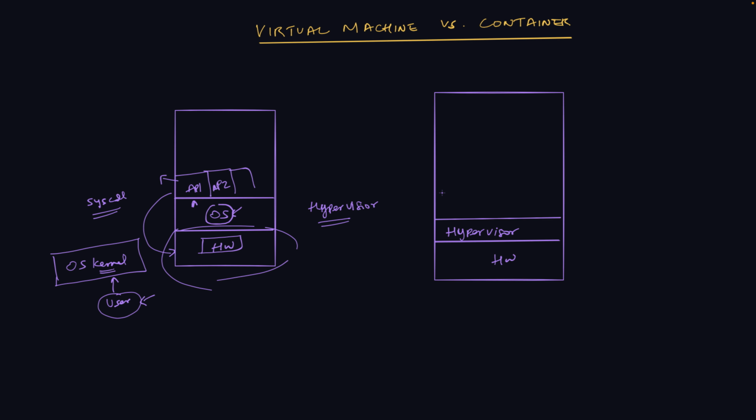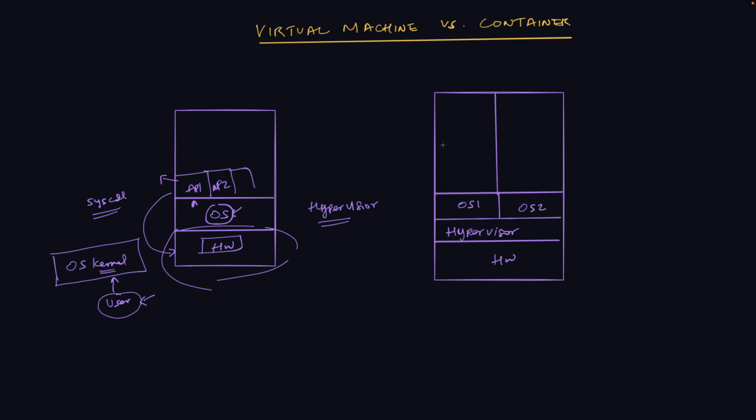On top of this we are going to have our operating system. Okay, and now we can have more than one operating system. So let's say this is going to be OS 1, it could be Windows or Linux, and OS 2, and each of these operating systems are going to have their own applications, right?